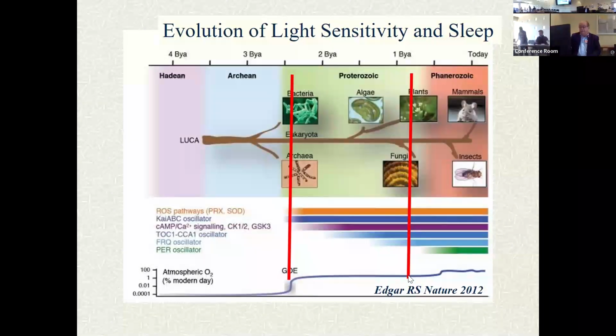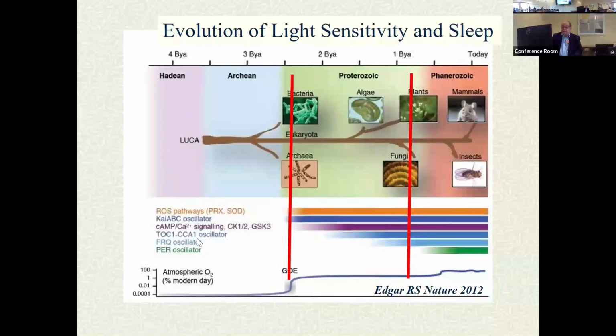The other point here is not really clear, but it has something to do with these different oscillators that come in. Per is one we'll talk about, the period gene oscillator, and FRQ is another circadian oscillator. But oscillators are there early on. Calcium signaling, other ROS pathways.